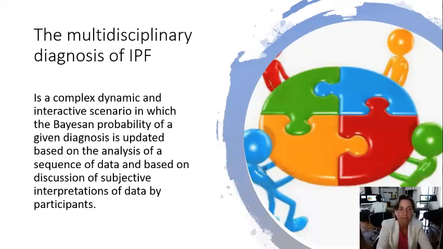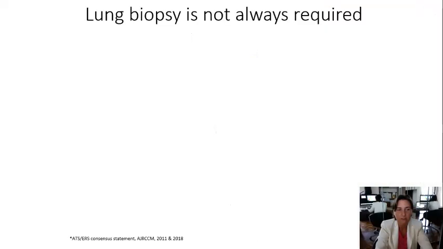The multidisciplinary diagnosis of idiopathic pulmonary fibrosis and more in general of interstitial lung diseases is the current gold standard for the diagnosis, although it's not so gold, as Arthur Wells used to say, it's more argentiferous. However, it is the best we currently have.